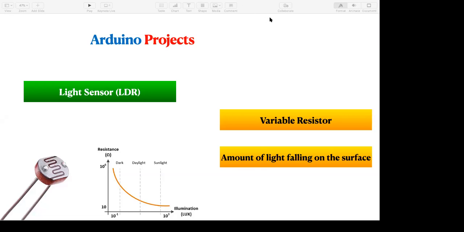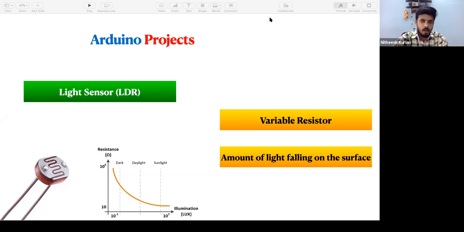No problem. To convert this variation in resistance to voltage, we can use an electronic setup using resistors, which is called potential divider configuration. What do you mean by potential divider configuration?